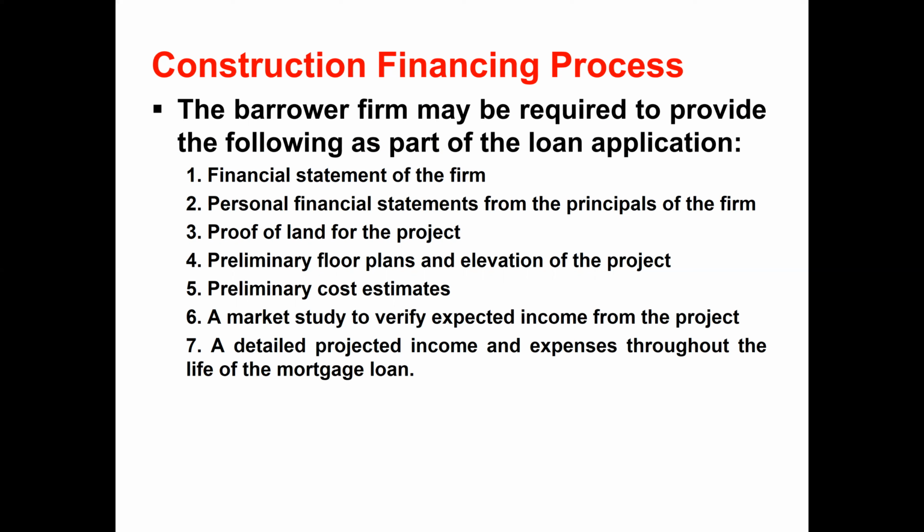So the project will look this way, in the case of building projects. Preliminary cost estimate. So we have to submit that the expected cost of the project will be this much, so that the bank will have a clear picture of how much this project will cost.